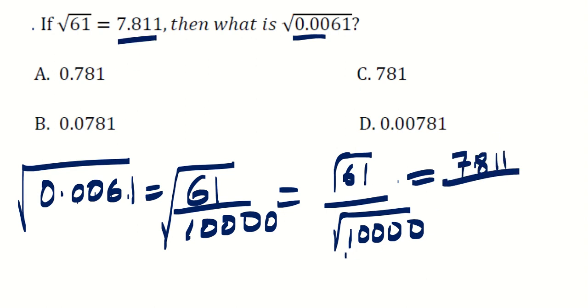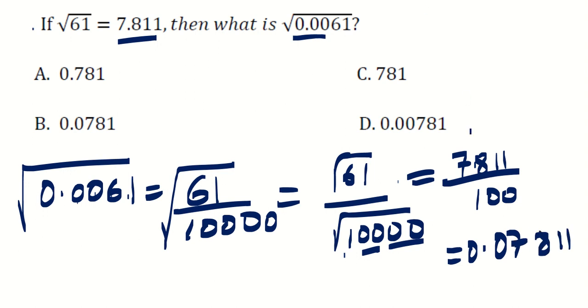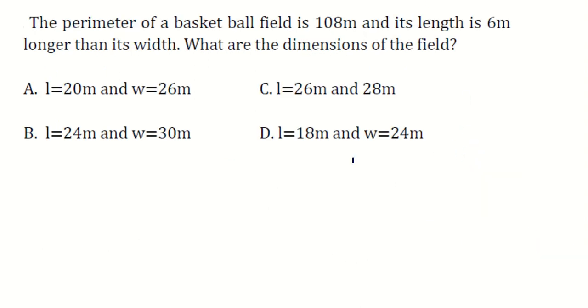The whole over this one, when you extract, it has 4 zeros, means you can group 2 to 2, and 100 will be taken out. Then when you divide by 100, that means you need to move twice to the left direction. So the answer will be 0.07811. Because you already have the numerator part, let's write it once.